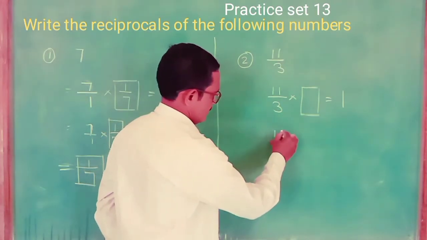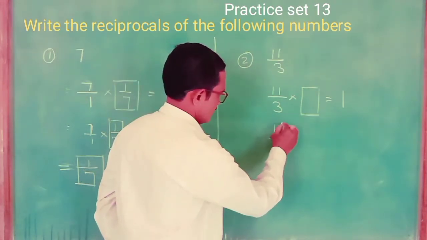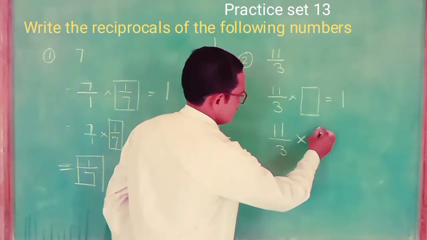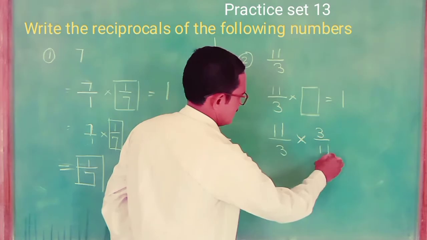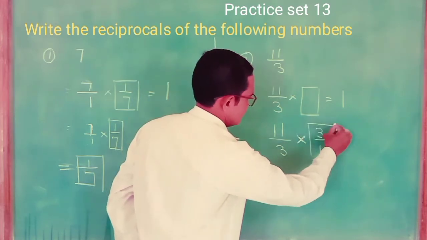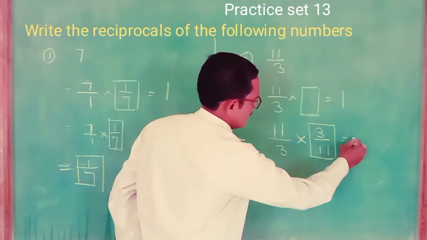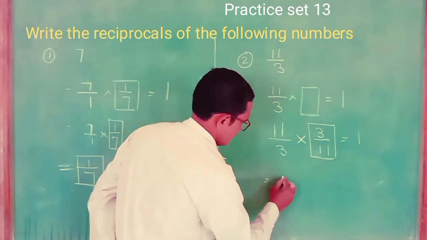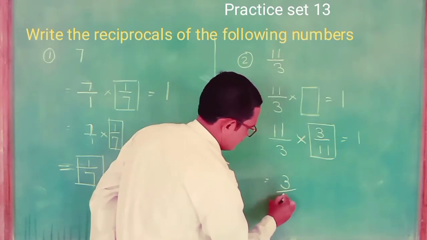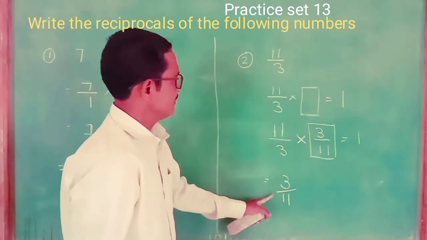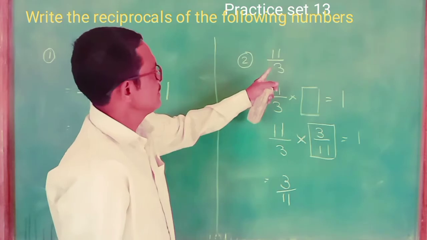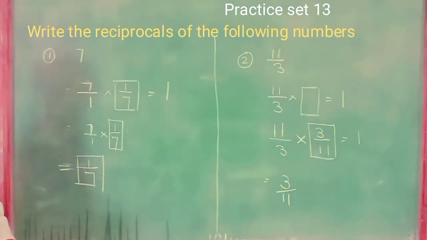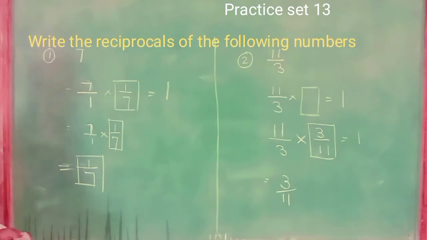So we can write it as 11 upon 30 into 30 upon 11 is equal to 1. So we get 30 upon 11 as the reciprocal of 11 upon 30. In this way we can solve the rest of the examples of the reciprocals.